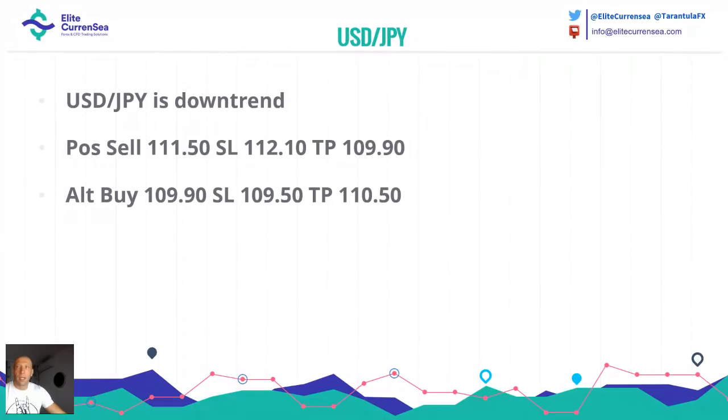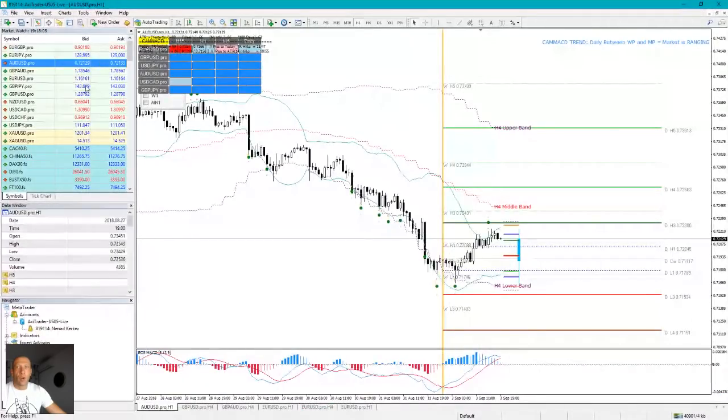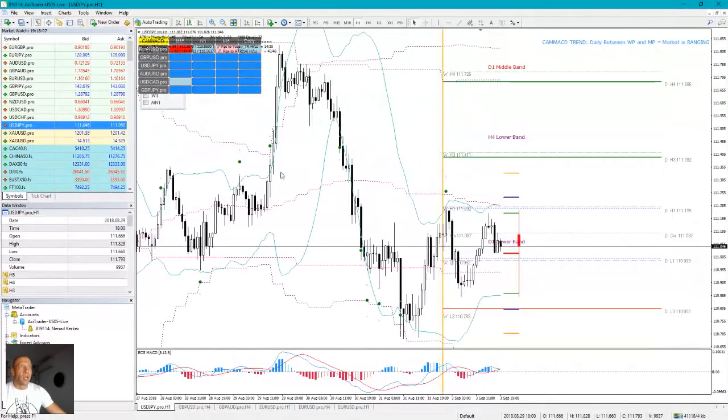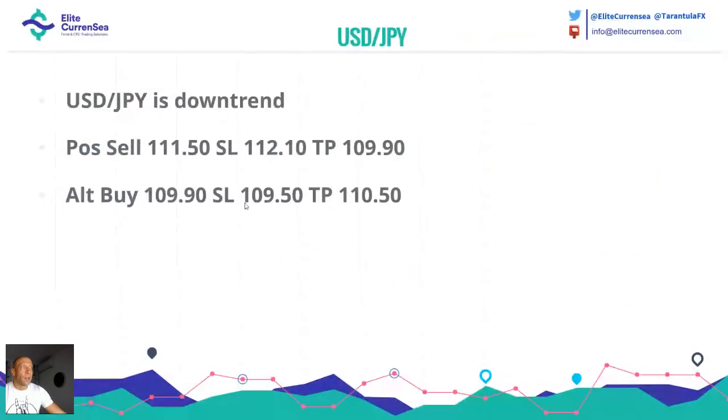Dollar yen is a sell: 111.50, stop loss 112.10, TP 109.90. Buy trade 109.90, stop 109.50, TP 110.50. So dollar yen is a sell trade, and again, if it gets a little bit higher, I expect the price to make a U-turn, and then we could see a further drop.